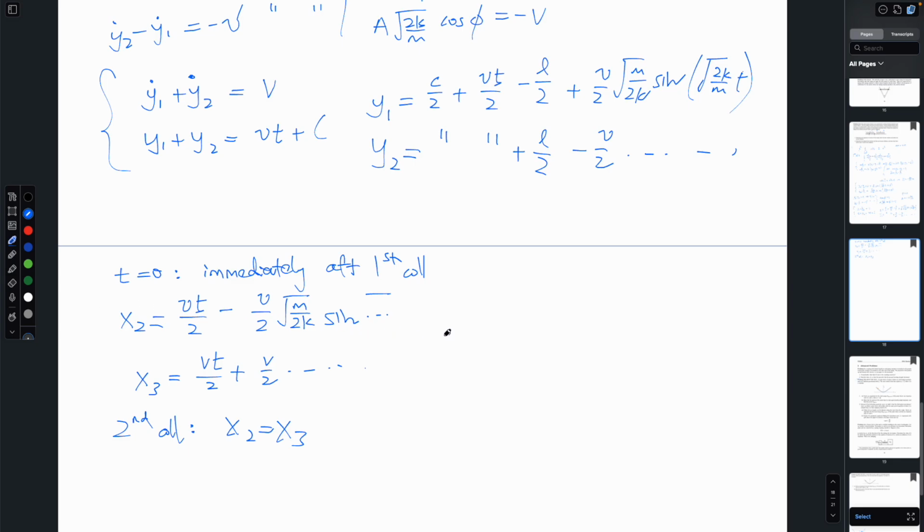And the only way for x2 to be equal to x3 is if the terms in the sine match, because it's v over 2 times sine of the square root of 2k over m. Wait, there's another term. There's another term, v over 2 times the square root of m over 2k.